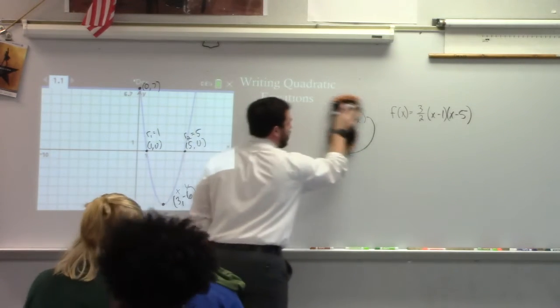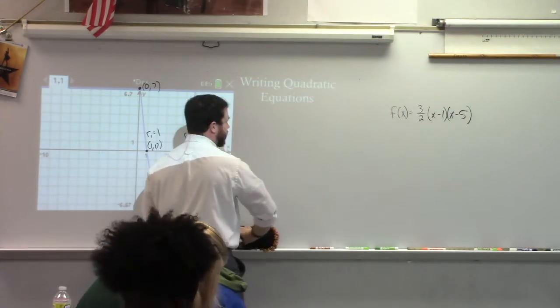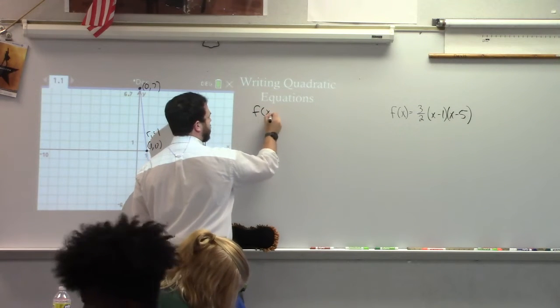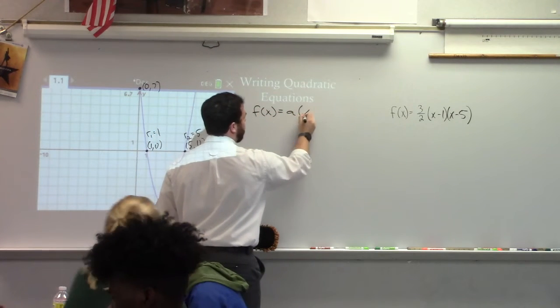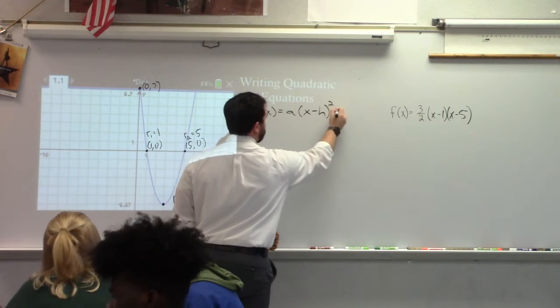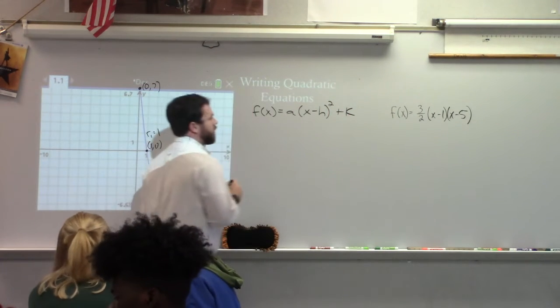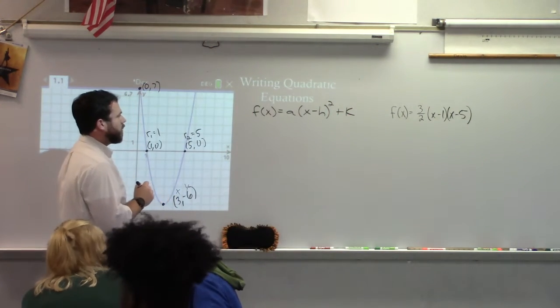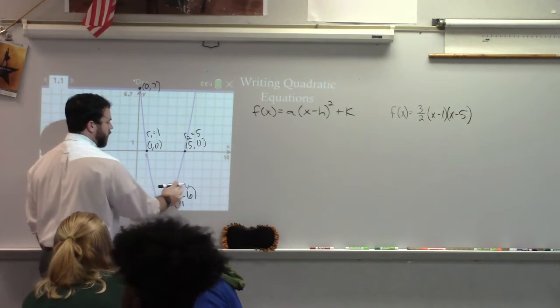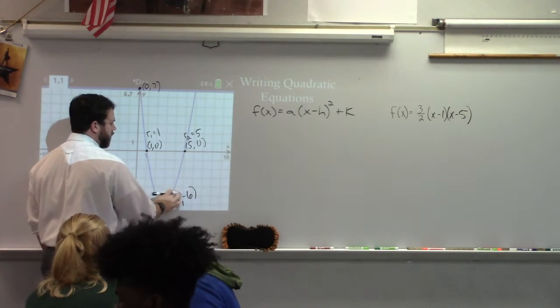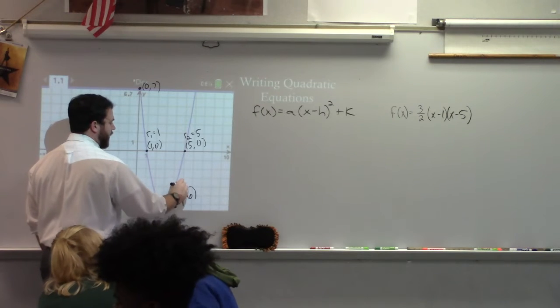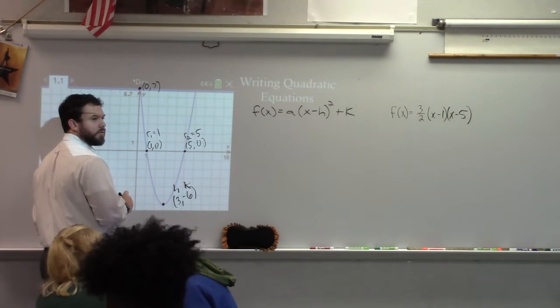So that was only the factored form version of it. We could have also used vertex form. Again, I would write out that vertex form. And so what's going to be H and K? 3 and -6. Remember H and K, that's our vertex.